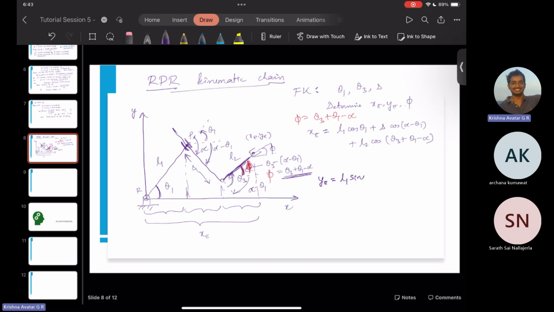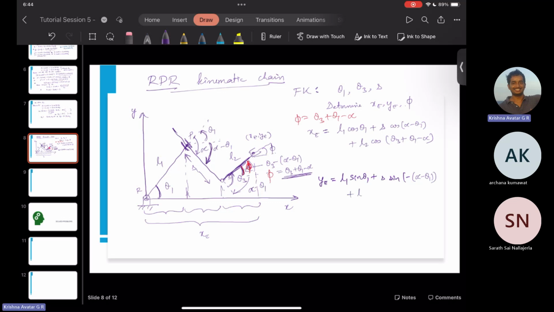So L1 sine theta 1 plus S into sine alpha minus... from the convention, this angle here is negatively oriented, I mean, it's in the clockwise sense, because of which we'll have sine of minus into alpha minus theta 1.